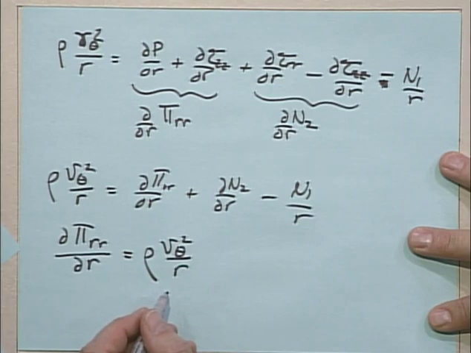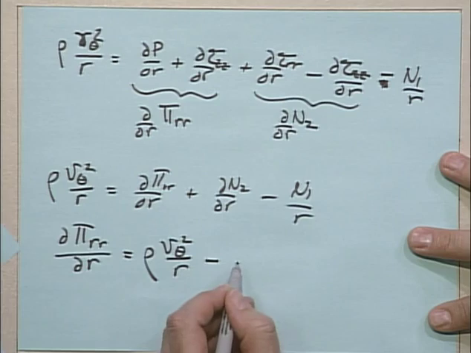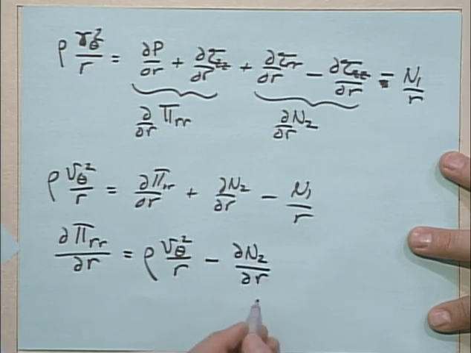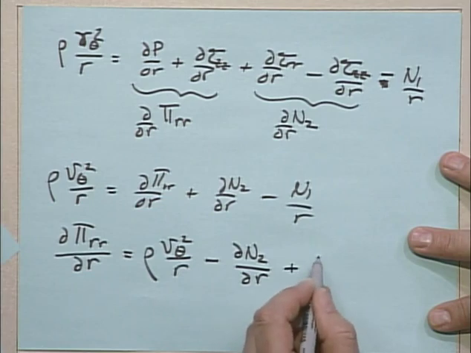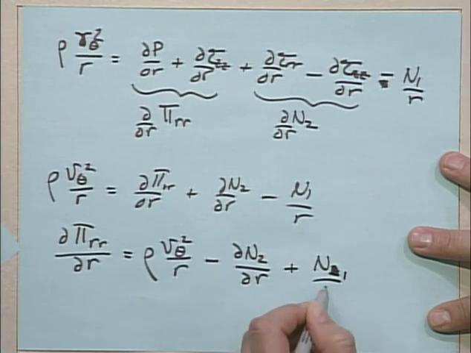Because of that square, it's unambiguously positive. Minus the rate at which n2 changes in the r direction. Now, I don't know much about n2, and I certainly don't know how it varies in the r direction, so that's a slightly problematic term, but it is small. We do know that n2 itself is small. Plus n1 over r.